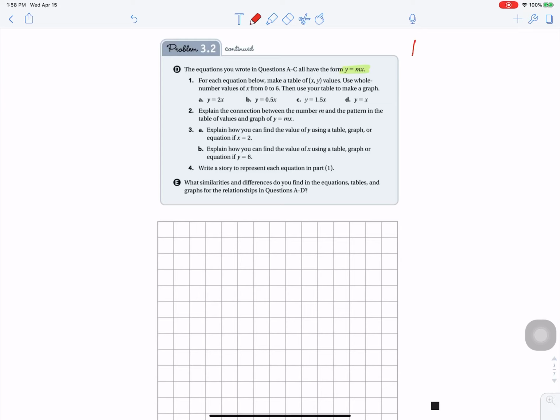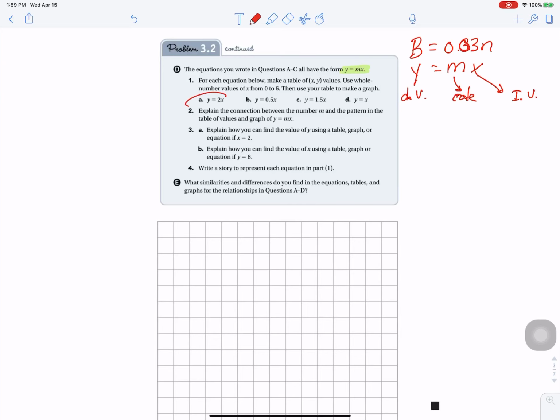Just as we did the charges of 3 cents per message, that's in the same format as this, where y is the dependent variable, m is the rate, it's really a unit rate, and x is the independent variable, because that doesn't really change. We have 1,000 text messages. How much will it cost? We have 3,000. How much will it cost?